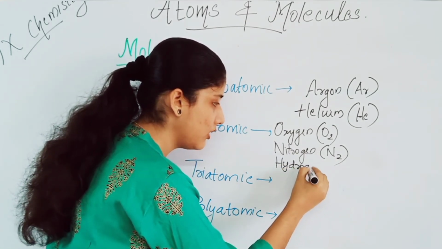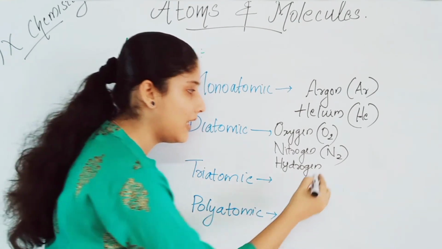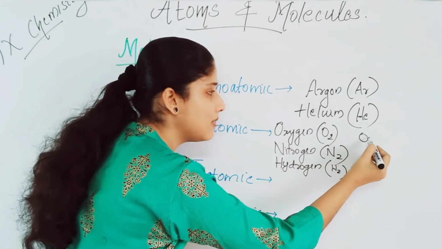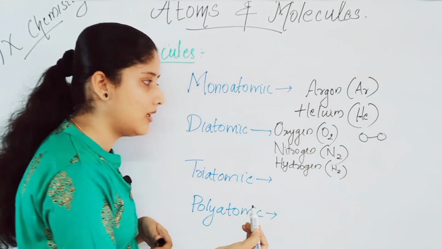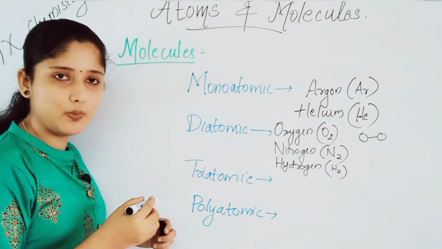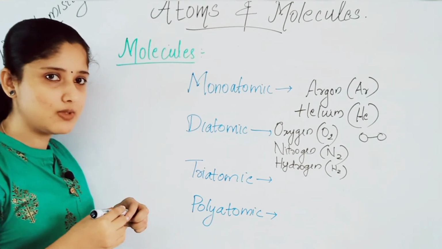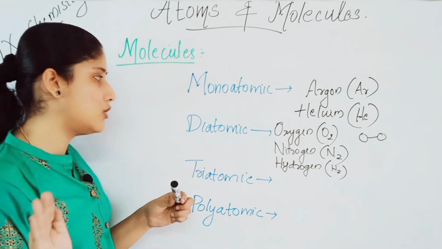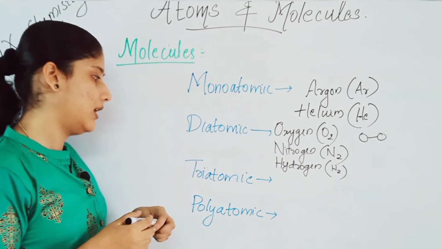Hydrogen molecule, what is the symbol? H2. That means in O2, two atoms of the same element combine. Similarly, in nitrogen, two nitrogen atoms combine to form N2. In hydrogen, two hydrogen atoms combine to form H2. That is, atoms of the same element combine to form a diatomic molecule.